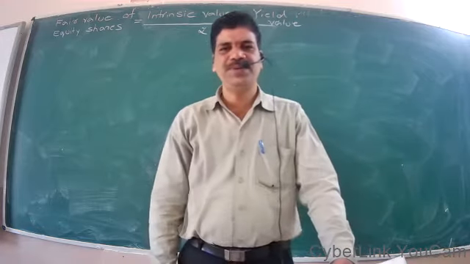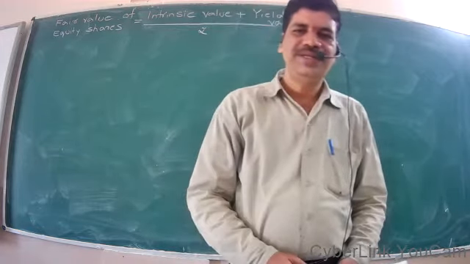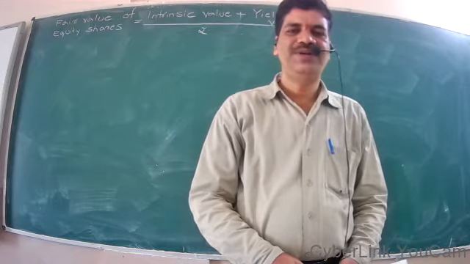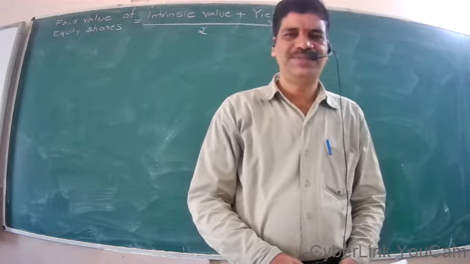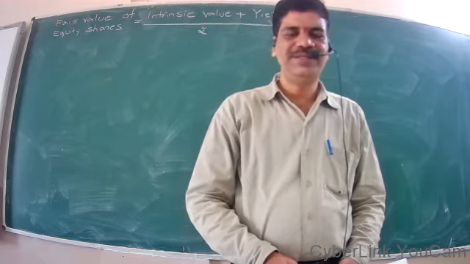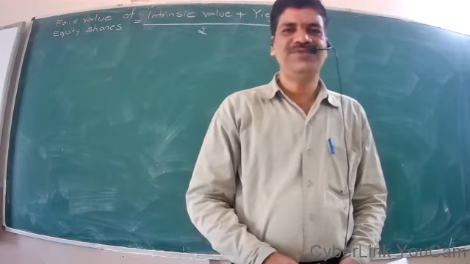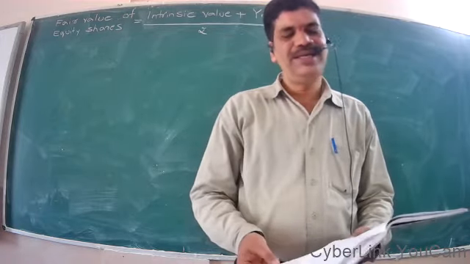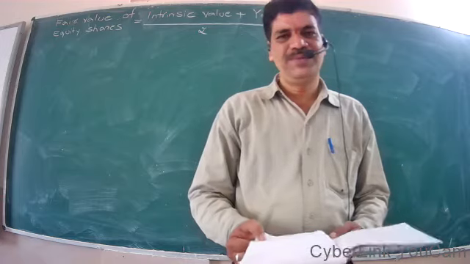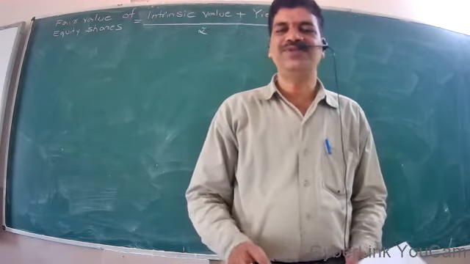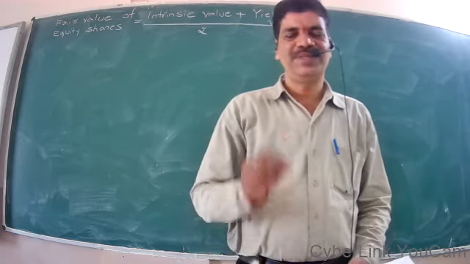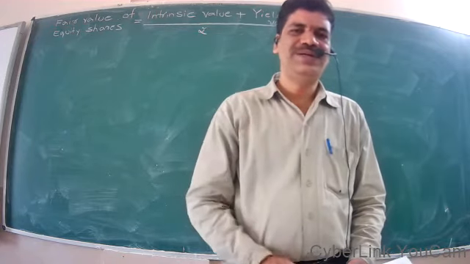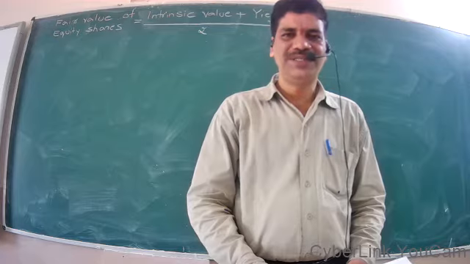Students, today we are going to study another method of valuation of equity shares: fair value of equity shares. It is a hybrid method, a combination of both the intrinsic value method and the yield method of valuation of equity shares. That means under both these methods we need to calculate the value of the equity share.